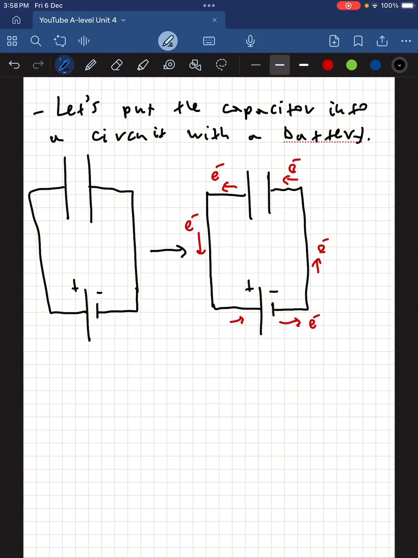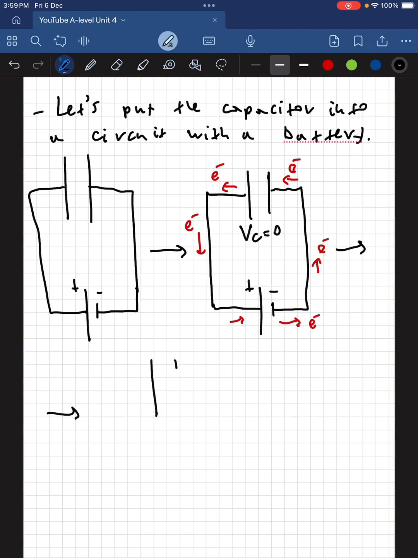But this flow is not going to last forever, because eventually all of the electrons that can be moved from one plate of the capacitor will move to the other plate. And by the way, we start with a potential difference of 0. Sorry, it should be V_C. So V_C is 0 initially, so immediately before putting the battery in, the potential difference across these plates is 0.